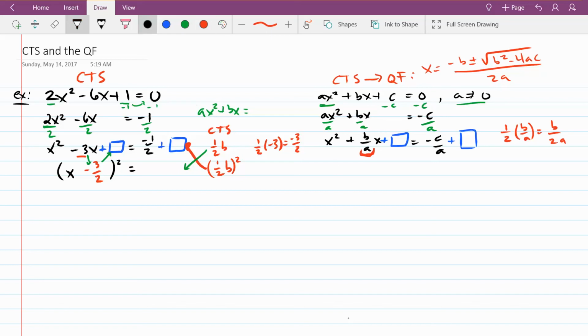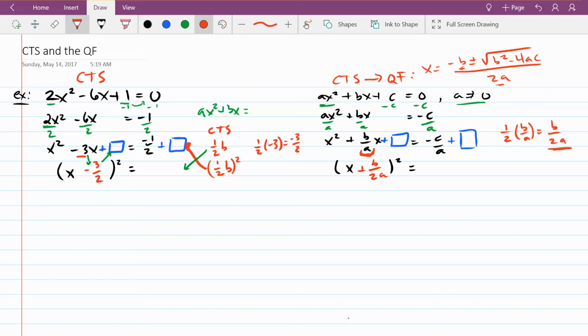Once again, this time it's positive, so positive b over 2a. Well, I like seeing this b over 2a. That reminds me of the quadratic formula. Right here I have a b over 2a. So it's looking good. Alright, wrapping this up.